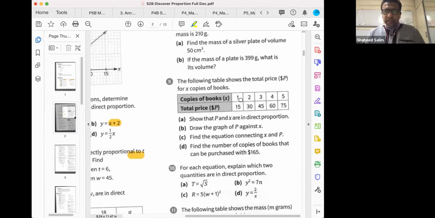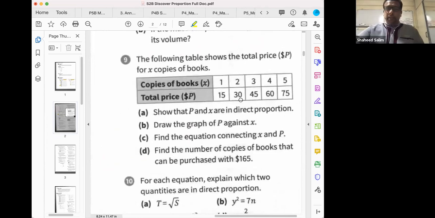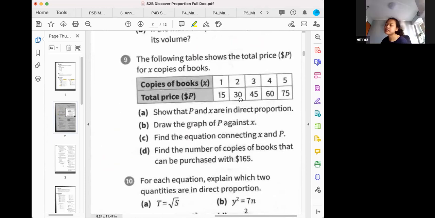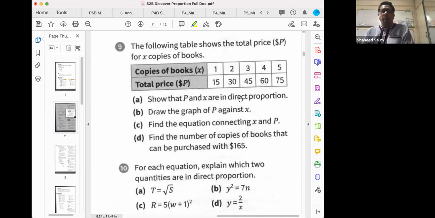Okay, we try question number 9. Can you prove they are in indirect proportion?